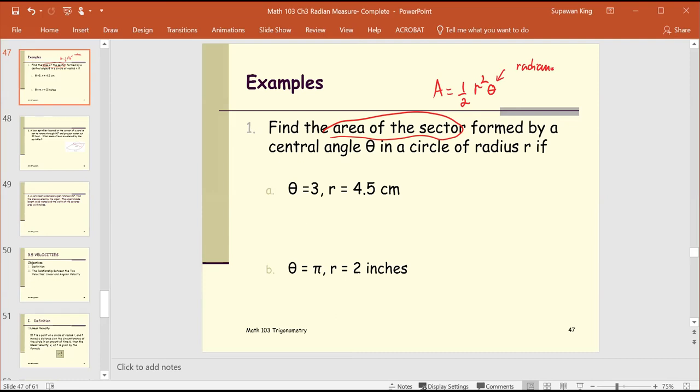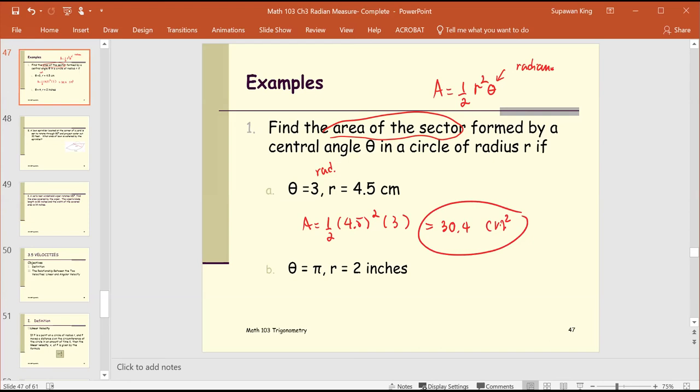So A equals 1/2 times r squared, which is 4.5 squared, times theta, which is 3, already in radian form. So we can replace it in the formula right away. 1/2 times 4.5 squared times 3 gives us 30.4. The unit is centimeters squared.